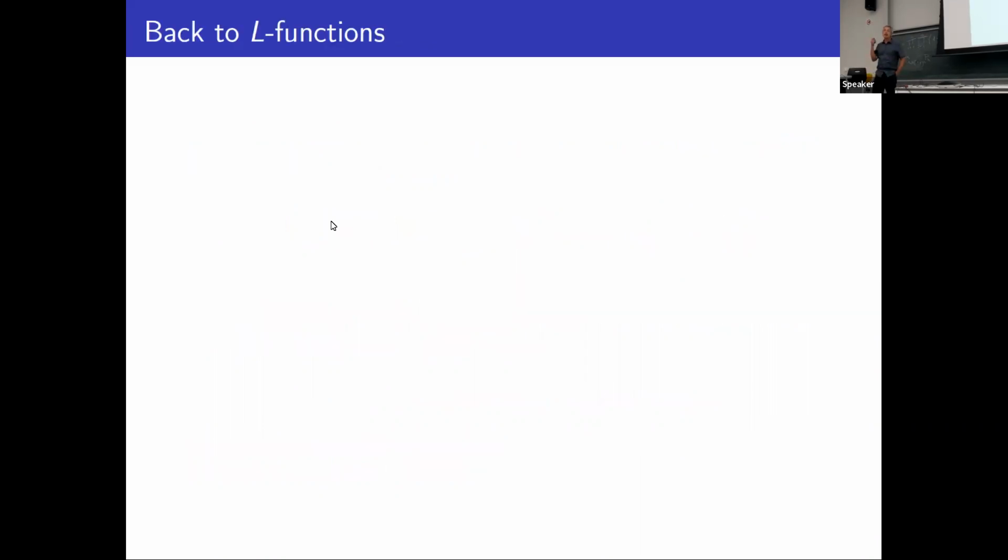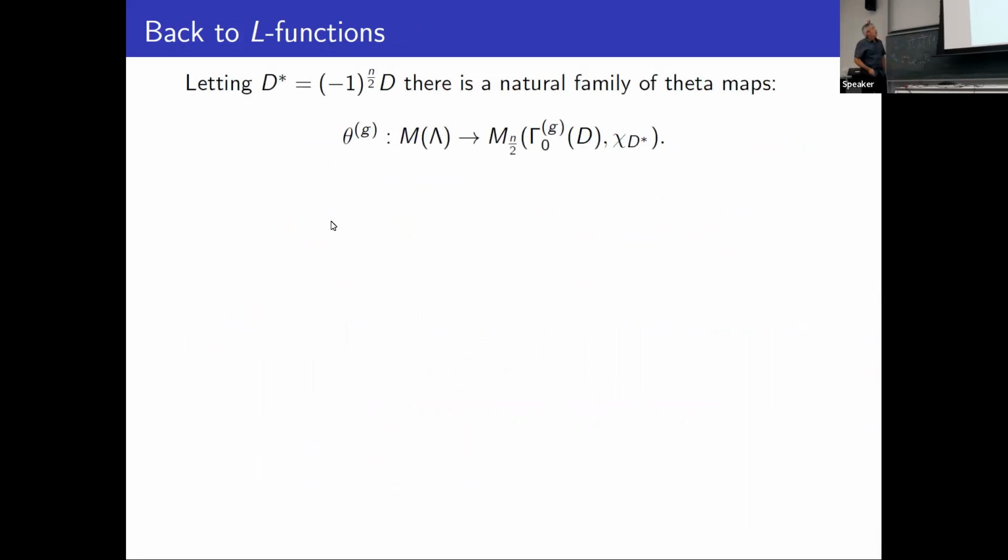So let's get back to the L functions from the beginning. Right, so this is just notation. The discriminant has some sign issues, but what's really important is that there's a family of natural theta maps. One of them you probably know, just the theta series of representation numbers of the lattice.